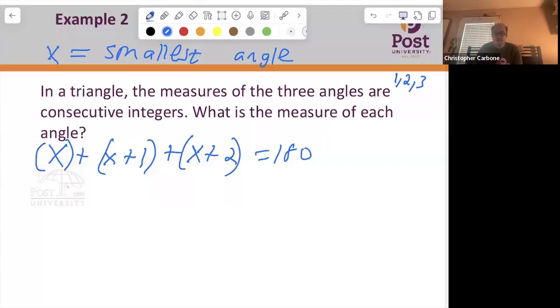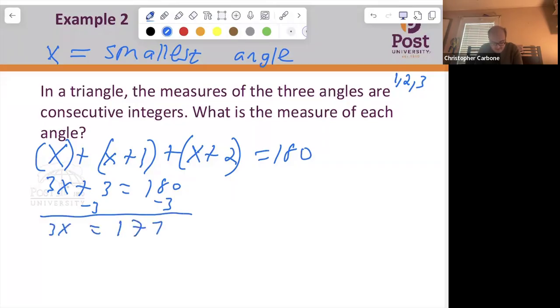So x plus x plus 1 plus x plus 2 is equal to 180. Add the x's together, that makes 3x, plus 1 plus 2 makes 3. And this is still equal to 180 degrees. So subtracting 3 from both sides would give us 3x is equal to 177.